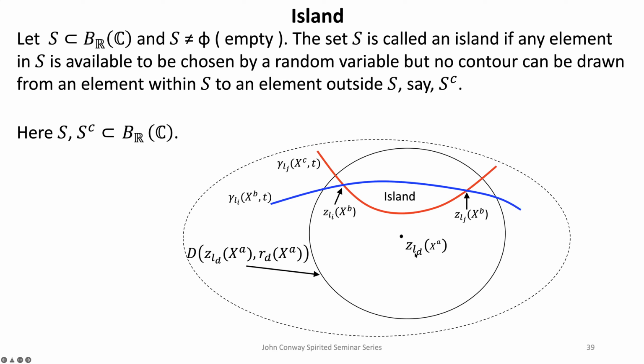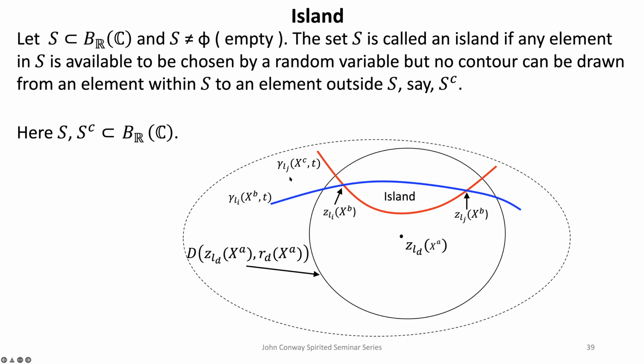So Z_L_D X_A, Z_L_J X_B. This is the X_A value. So one contour, another contour, two contours are there. The disk is formed. This is the Z_L_J X_B intersection point.